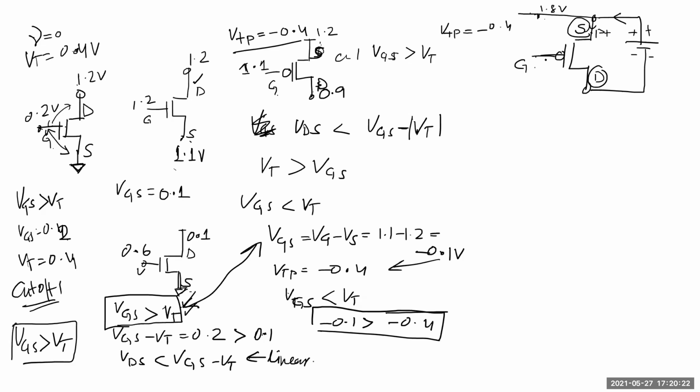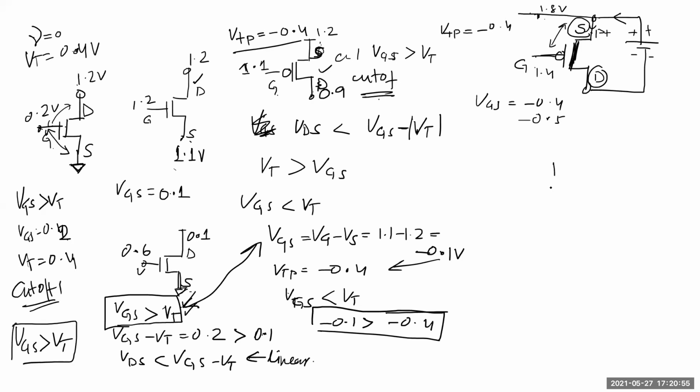If it is 1.7, still not on. 1.6, still not on. 1.5, still not on. When you get to 1.4, VGS is equal to minus 0.4. After that, it becomes minus 0.5, and so on, and the channel turns on, right? So this is obviously in cutoff, right?